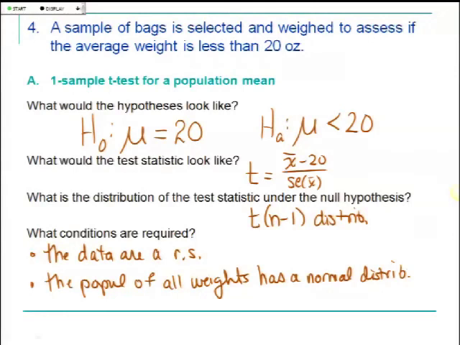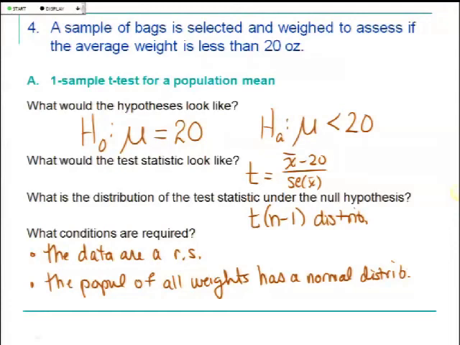Time plot. And I wouldn't want to see the production process starting to produce a trend, especially a trend that's going down, and hopefully at some point then being below 20. That would be bad. I'd want to see that it's a random sample, that my process is stable, so I could use those 30 bags to assess how I'm doing in terms of average weight.